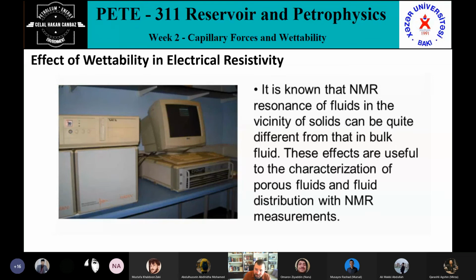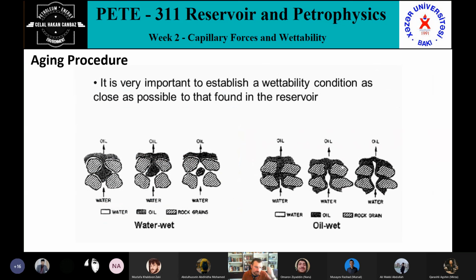We already explained this one, right? So these effects are useful for characterization of porous media and fluid distribution with NMR measurements. This is in lab scale. In our next topics, we will see the version of this in well scale, in field scale, as logs. All right.